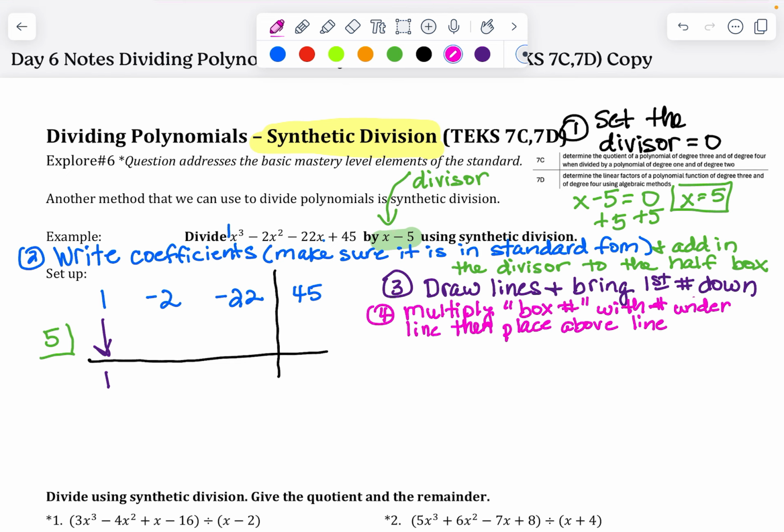So I'm going to take this 5 and multiply it to this 1. 5 times 1 is 5, and I'm going to put it right here. Okay, next.